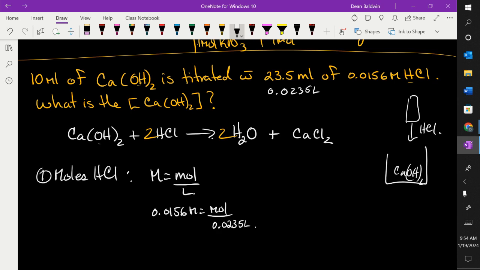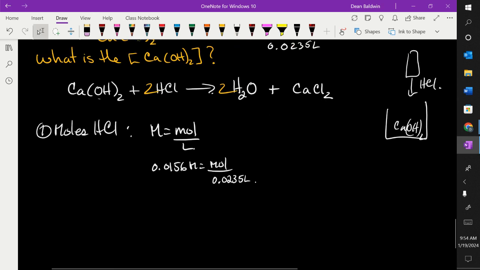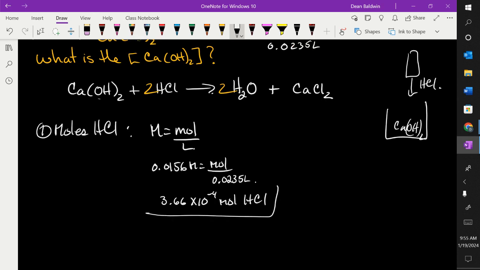So if you multiply those two together, you will get 3.66 times 10 to the minus 4. Is everybody clear with that? Did I do the math right? I don't know. Is that right? Okay. So that's how many moles of HCl we added in here to neutralize it.